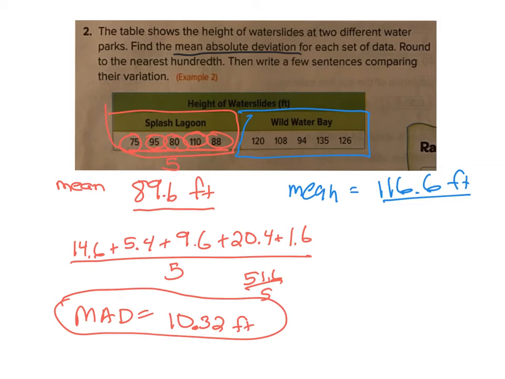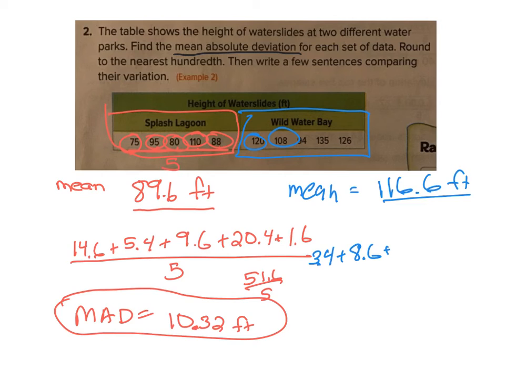Let's see if there's more of a variation or deviation with the Wild Water Bay. So we start with this 120. 120 minus 116.6 gets me 3.4. Now we've got to find the difference of 108 and 116.6, and the difference of that is 8.6.